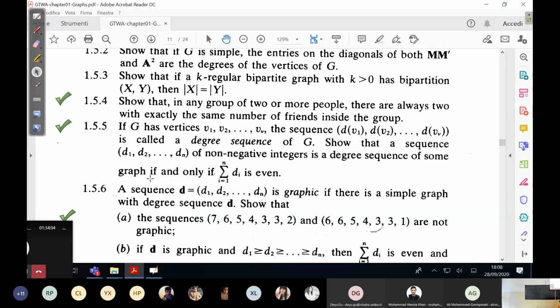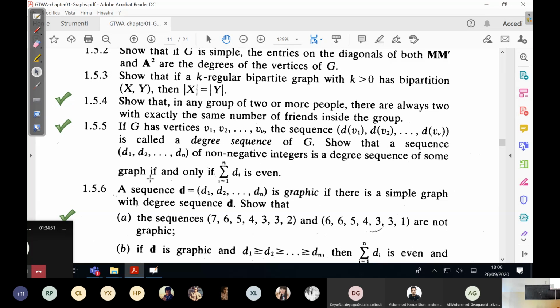Because the only proof which I have in my mind is constructive, meaning my solution is you give me a sequence d1, d2, dn such that the sum of all these non-negative integers is even, and I build a graph with exactly that sequence. Not only, but I can program.